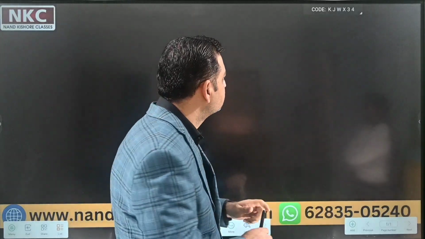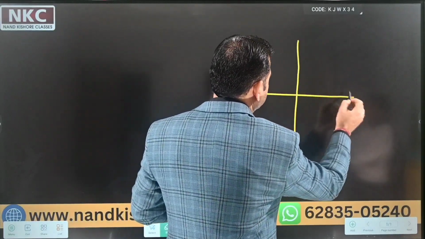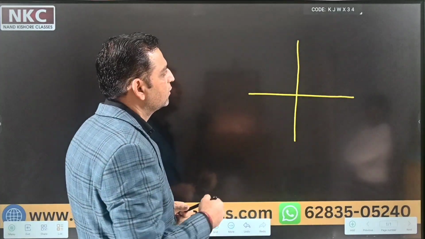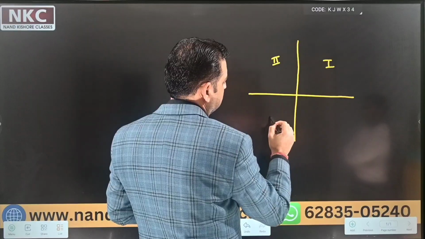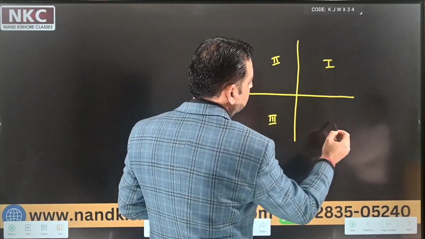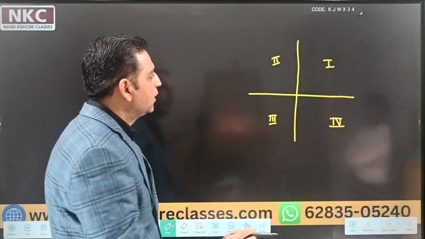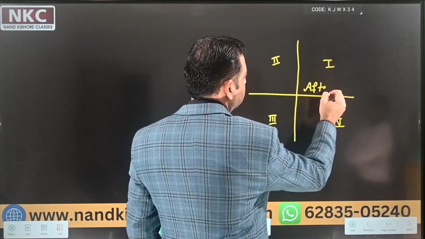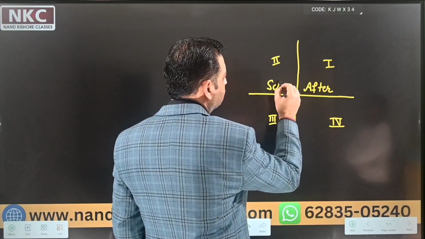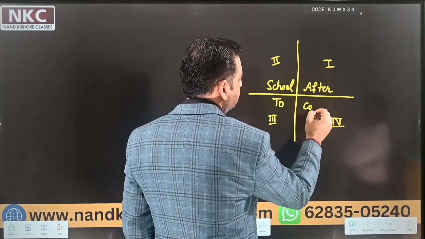For example, see one more point which we need to remember. This is quadrant 1, this is quadrant 2, quadrant number 3 and quadrant number 4. I'm writing one line here: After school to college, school to college.